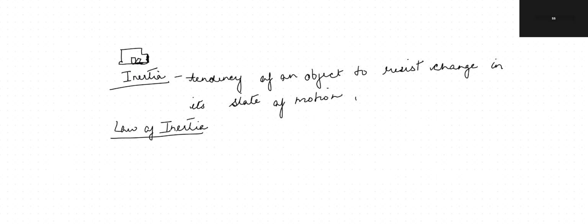Because the bus slows down, the backpacks continue moving forward. It seems as though the backpacks are moving forward relative to the bus. Then the friction between the backpacks and the floor eventually applies a force to the backpacks and slows them down.